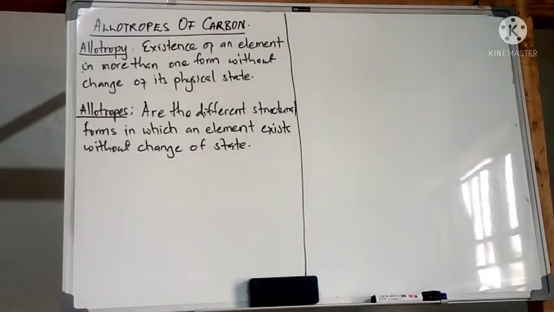So when it comes to allotropes of carbon, there are those that are crystalline and there are those that are not crystalline.